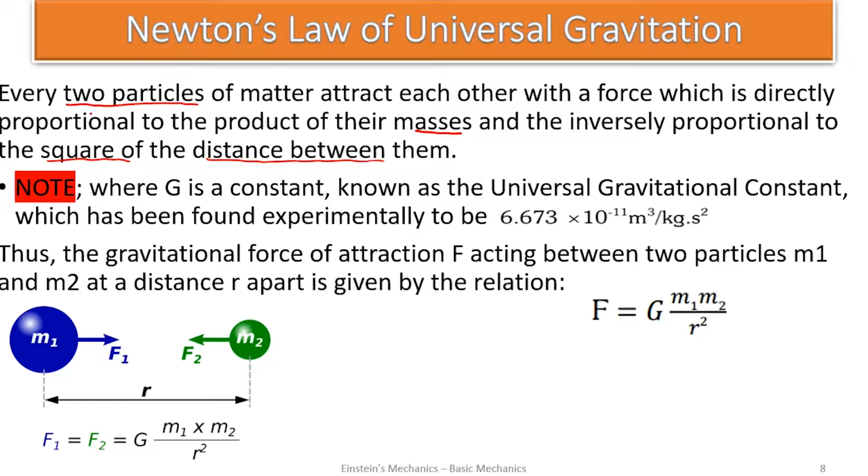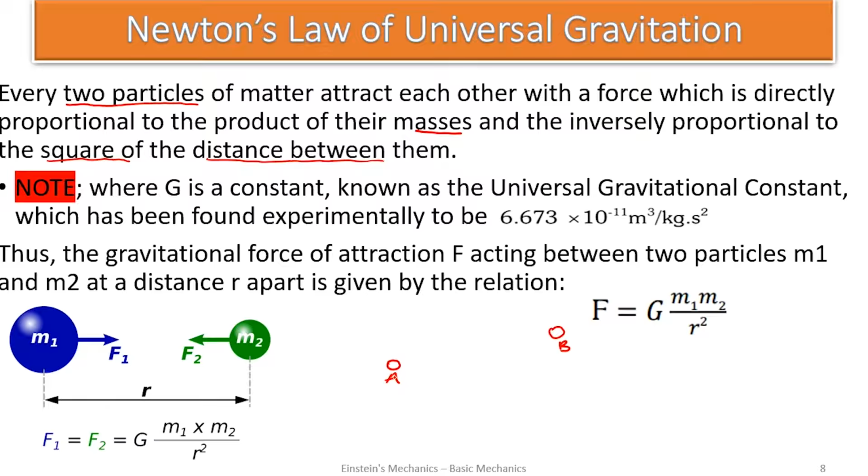It says every two particles of matter. So if I'm considering two particles of matter, let's consider this particle A and particle B. For every two, so we're taking the two of them, A and B, attract each other with a force which is directly proportional to the product of their mass and inversely proportional to the square of the distance between them.